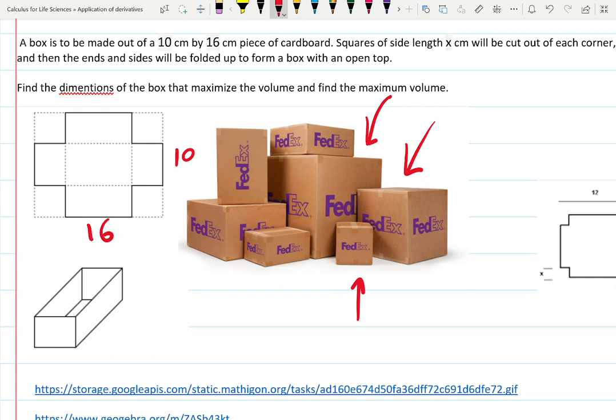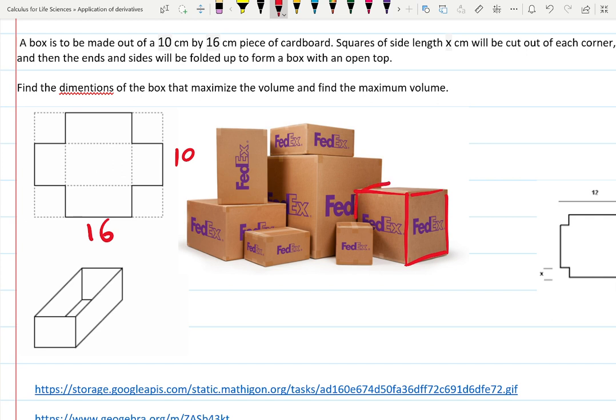When you move. So that is the idea. These weird looking boxes are created for specific objects like a tall chandelier or something wide. But in general, cubes are the best shapes to hold things. And these are for letters, for example, and books. So again, optimal shape is a cube after all.